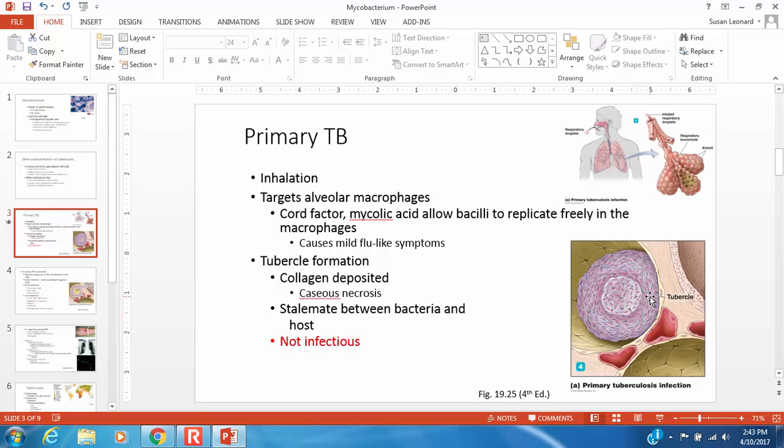But the living ones really don't have the oxygen or the nutrients they need to proliferate. So again, the tubercle represents a kind of stalemate between our immune system and the bacilli. And the patient is actually not infectious in this case.